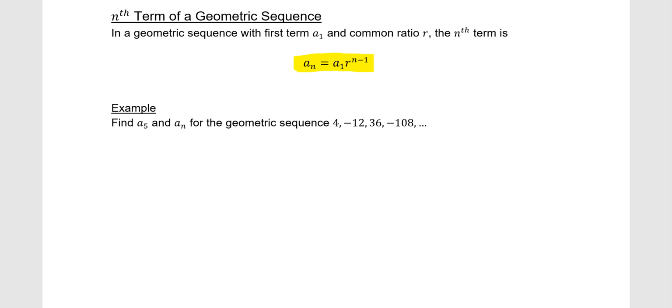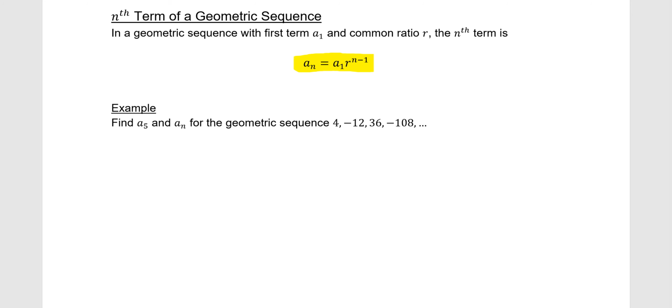Let's find a sub 5 and a sub n for the geometric sequence 4, negative 12, 36, negative 108, and so on. We can obviously tell this is not arithmetic because we can't just add a common difference to each one and keep on getting the next one. So clearly not arithmetic, we know it's geometric.